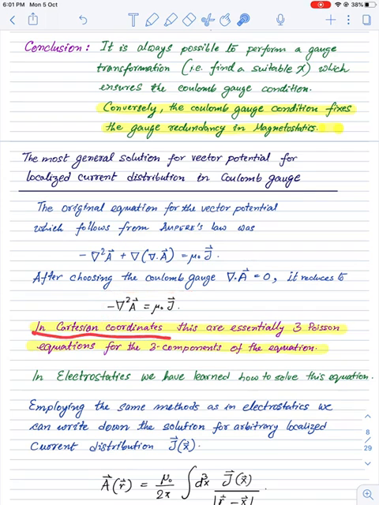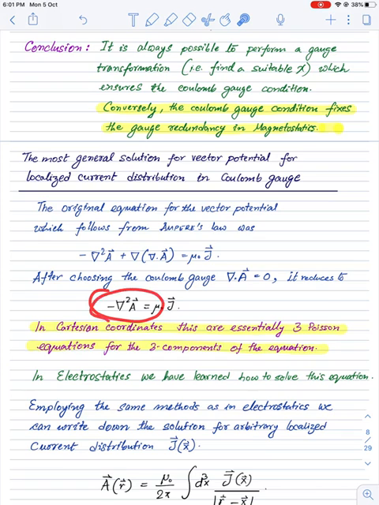It is very important to note that this equation that we are left with, at least in Cartesian coordinates, is essentially a set of three Poisson equations, corresponding to the three components of the A vector and the J vector.